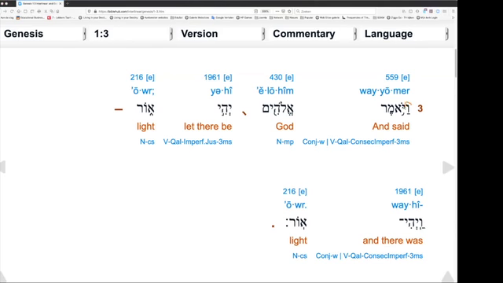We have the Vav with the Patach. Then we have the Yod, and you will see the Yod has a dot inside of it and a dot on top of it. I have enlightened it a little bit.